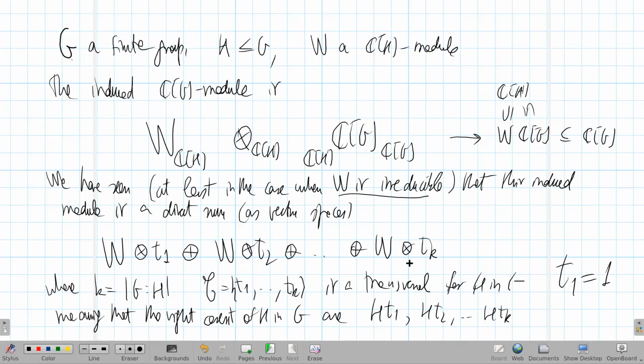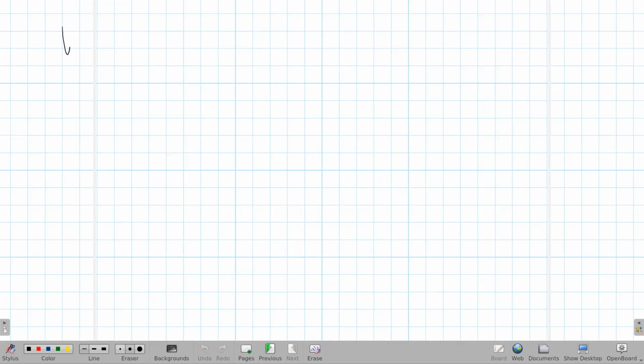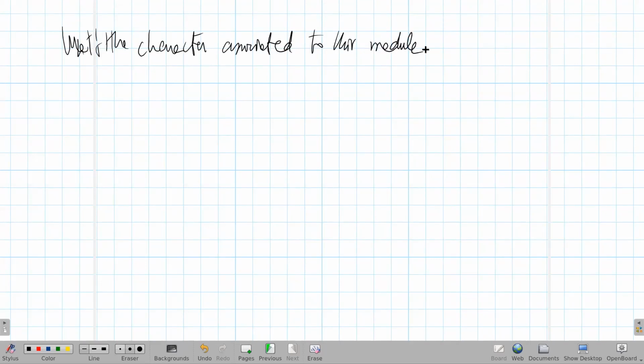Okay, now assume we have this, and we want to realize what kind of representation we have. Or better, what's the character associated to this module? And this is where things become more manageable, because to determine the character, we do the following.